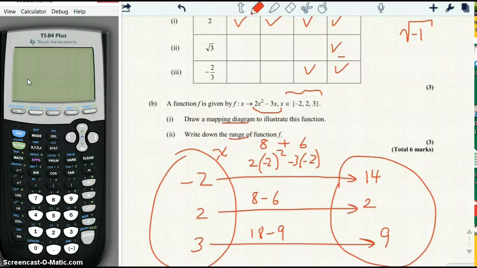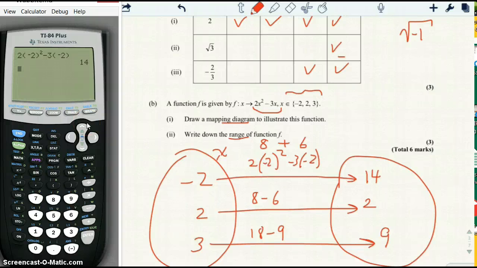And you could just put this in your calculator. Let's do the first one because it's probably the most difficult. So we'll put 2 times negative 2 squared, which we do with this, and then we just do the arrow to go back down to the plus, and then we're going to add it to minus 3 times negative 2, and the result is 14.